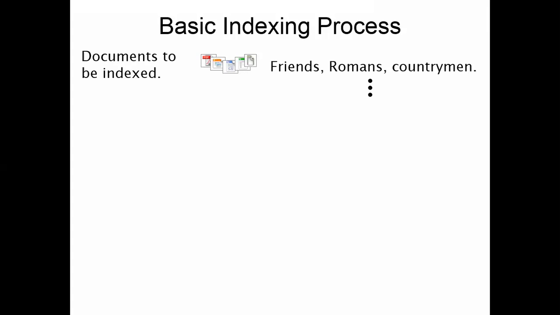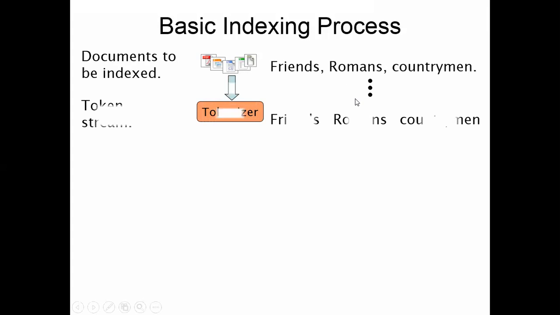When we are looking at the basic indexing process, given a document with some write-up internally, we have to first of all tokenize and identify the token words, token terms, or a bag of words. Then we have to convert them into index terms.